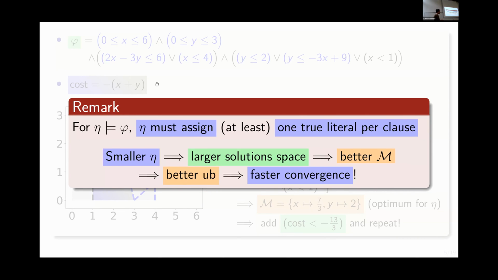So our goal is, instead of finding total truth assignments, to find partial truth assignments. And ideally, we want small partial truth assignments, because small partial truth assignments correspond to a larger solution space within which we invoke the minimizer, meaning that we find a better current upper bound, which allows us to impose a tighter bound on the optimum, and this will lead to a faster convergence to the global optimum.